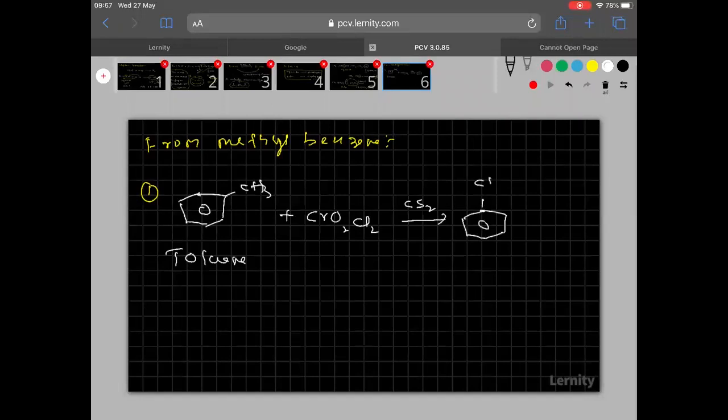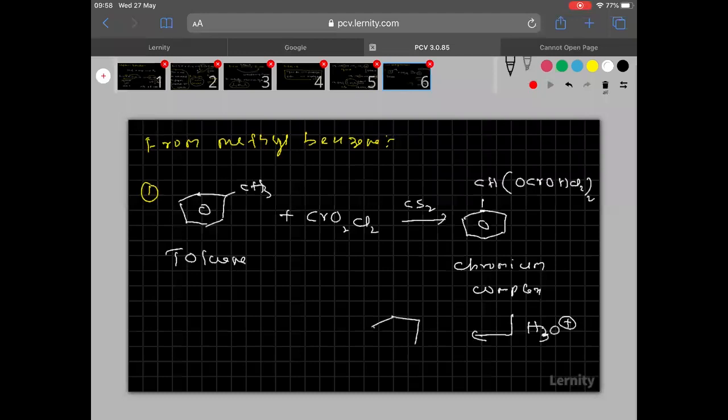Okay, so here let me write CH(OCrOHCl2) twice. Clear? This is called as what? Chromium complex. Okay, this chromium complex when undergo acidic hydrolysis, then here we get benzaldehyde.